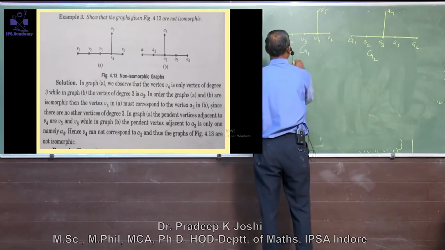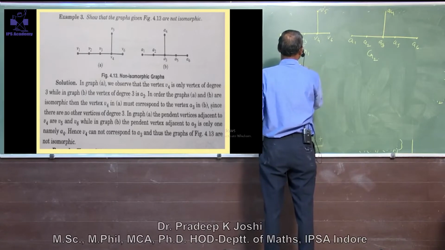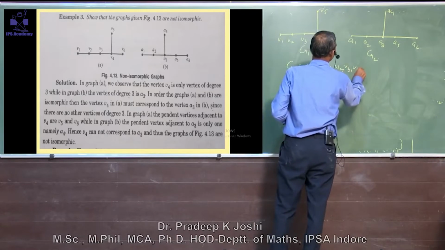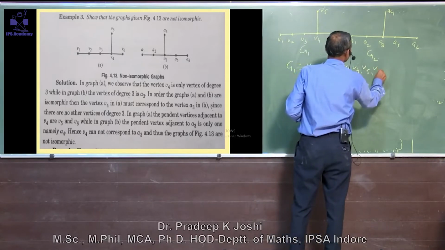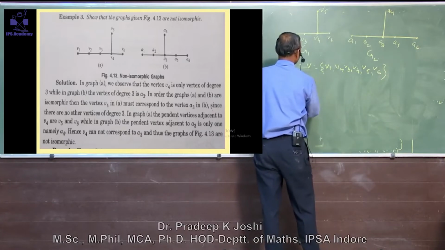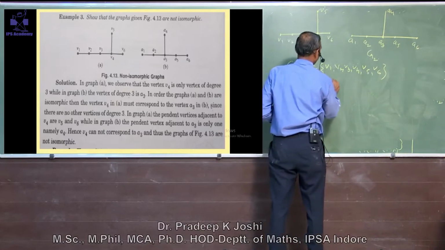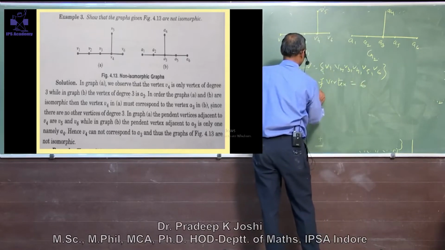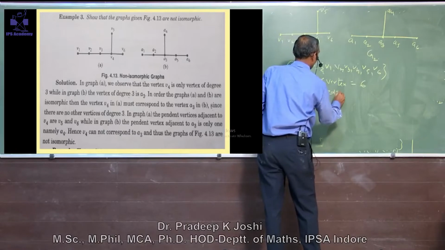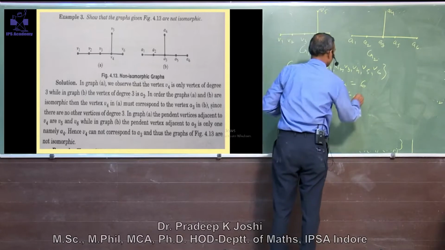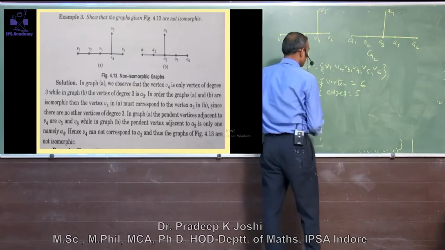So how many vertices in G1? The vertex set is V1, V2, V3, V4, V5 and V6, so the number of vertices equals 6, and the number of edges is 1, 2, 3, 4, 5, so 5.